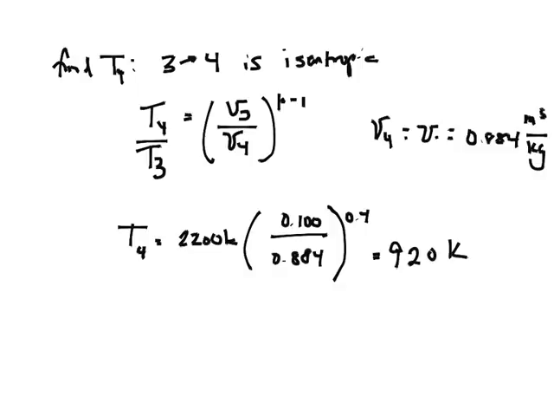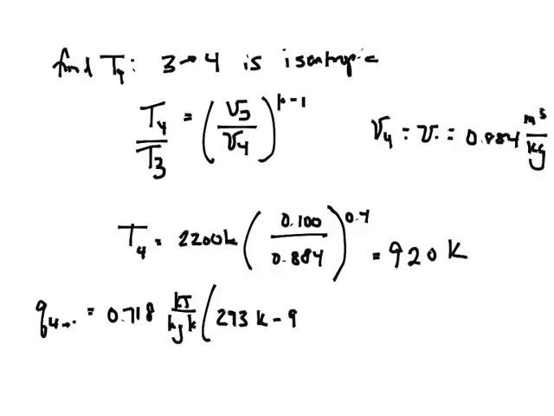Now we can plug that into our Q. Q 4 to 1 equals 0.718 kilojoules per kilogram Kelvin times 293, which is our T1, minus 920 Kelvin that we just found, equals negative 450 kilojoules per kilogram.